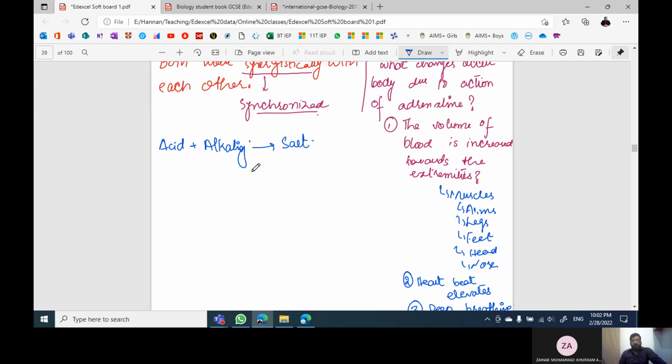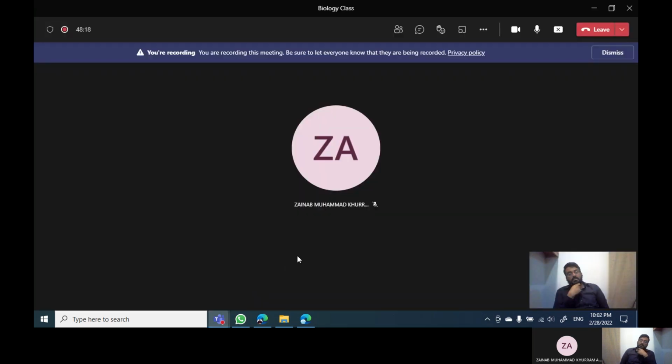Salt, neutralization. If there is no alkali, what happens? Only acid is there. Now, if the mucus is reduced, there is no alkali, and the acid would destroy the internal lining of the stomach.